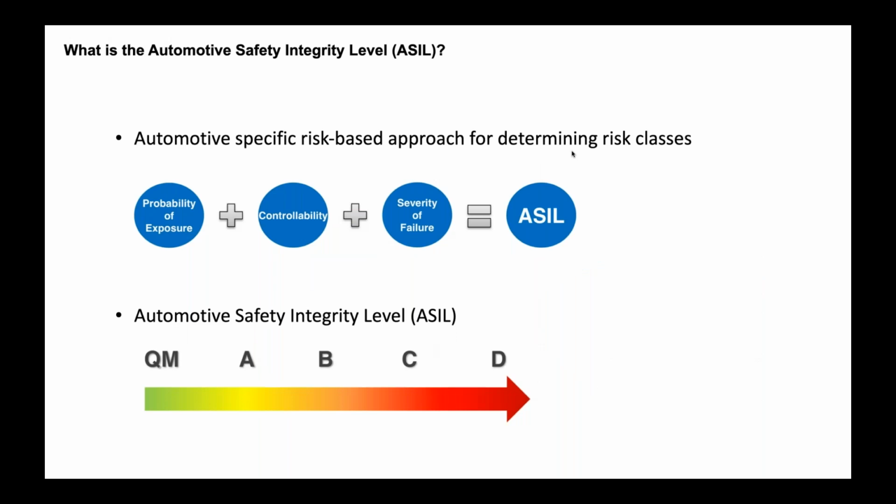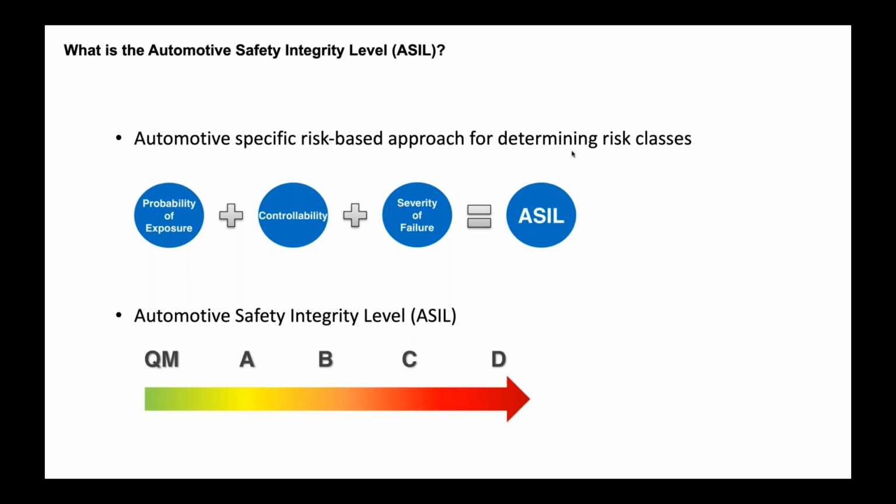So a little bit more theory, and after that you will start to see more user-friendly pages. What is the automotive safety integrity level, the ASIL, which is the key for determining the level of risk? The ASIL is calculated from the probability of exposure, controllability of the event, and severity of a failure.